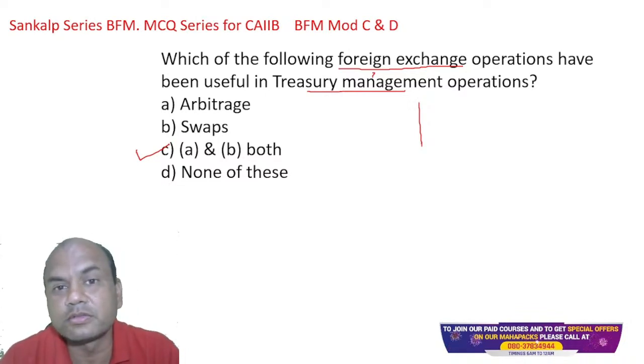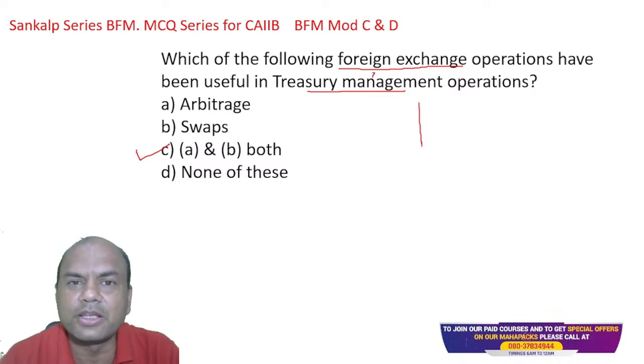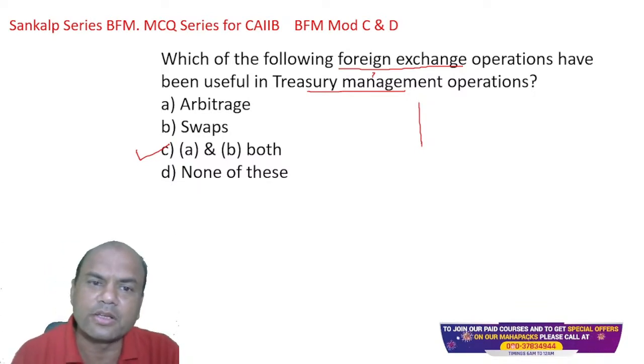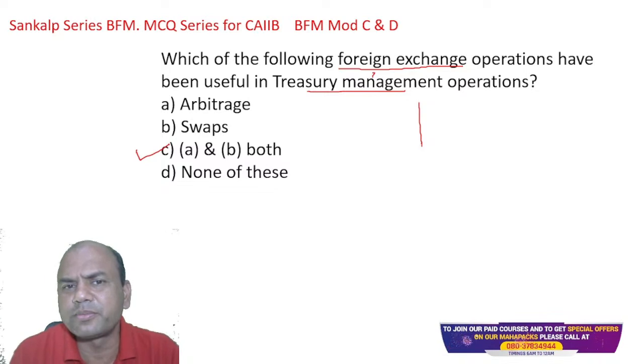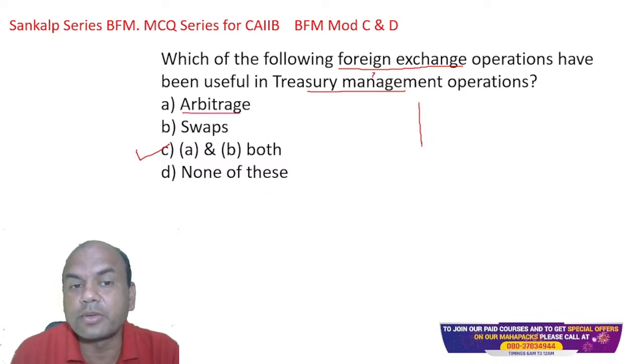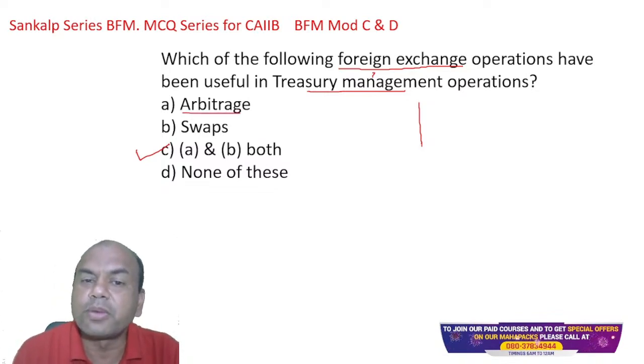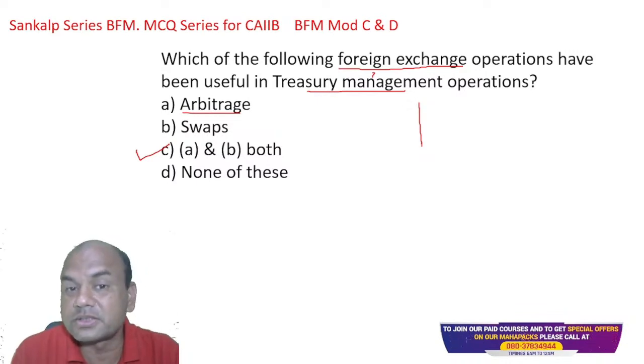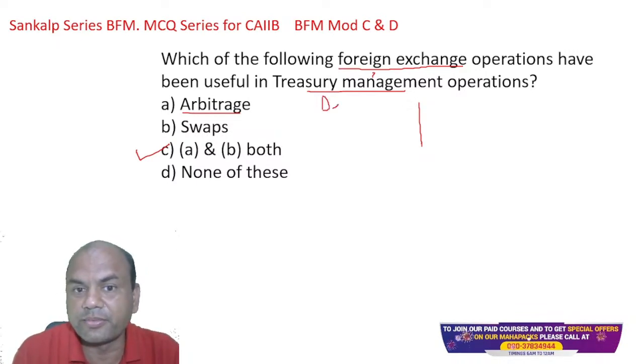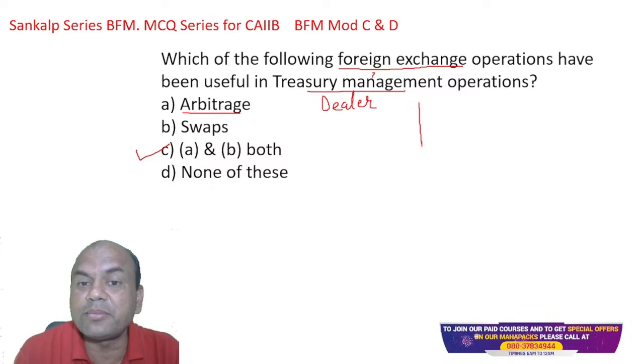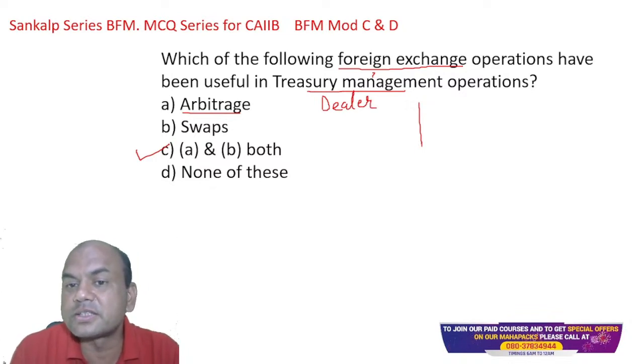Aloo le lo, Gobi le lo, that sabji wala. What does that guy do? That guy does this arbitrage. What does he do? He buys it from the dealer. Dealer means distributor, and immediately the same day sells it to the retailer, means retail customers, to us.